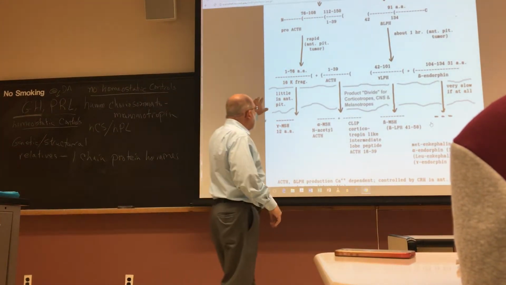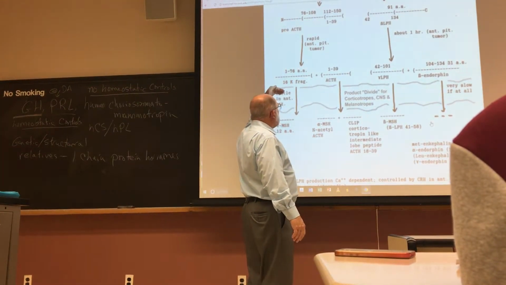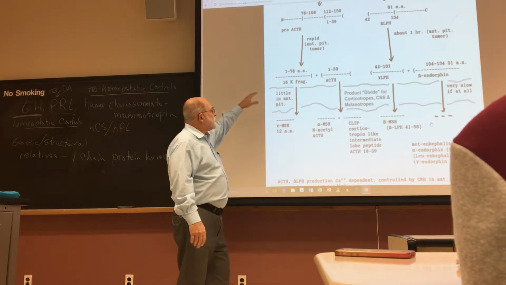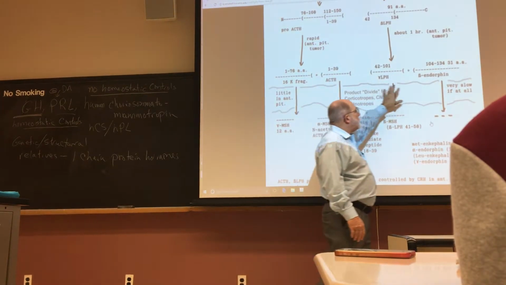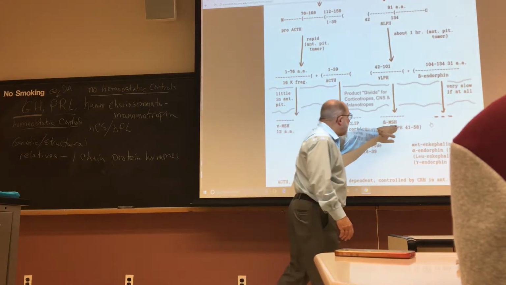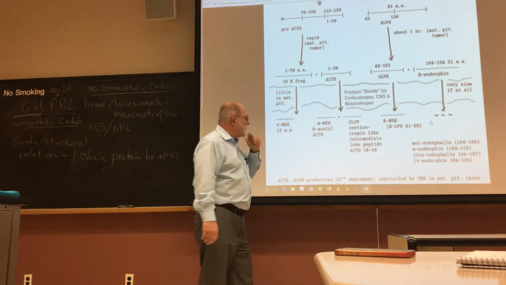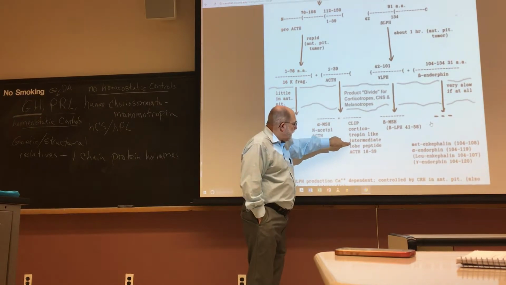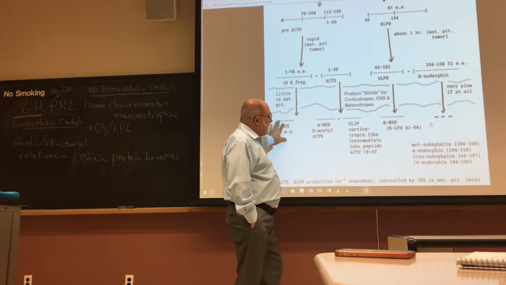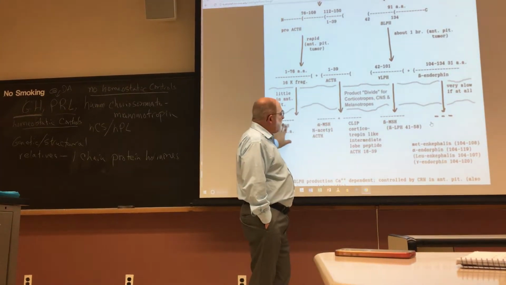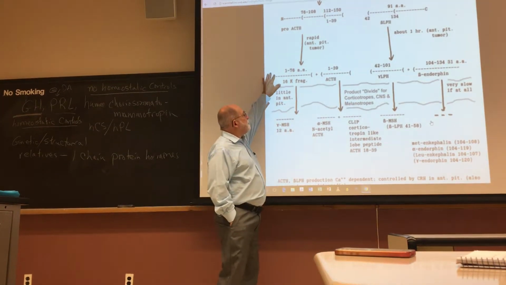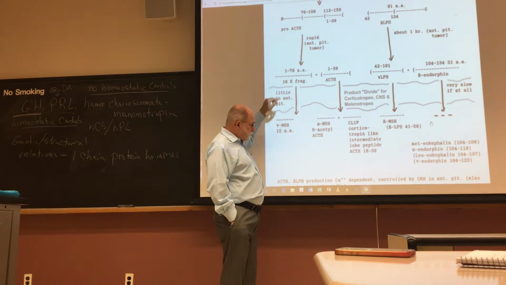Now, if you are looking at a melanotrope in the intermediate lobe, you'll see these fragments being broken down further to various forms of MSH, melanocyte-stimulating hormone, and this beast called corticotropin-like intermediate lobe peptide, CLIP. So this is the end of metabolism for the melanotrope. This is the end of metabolism for a corticotrope. Okay.